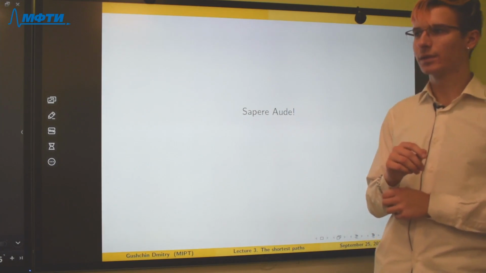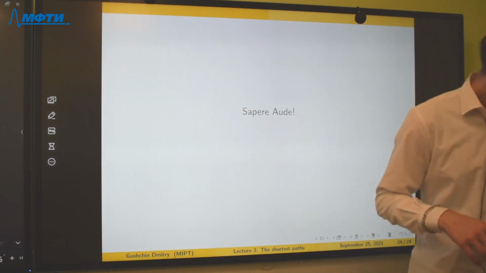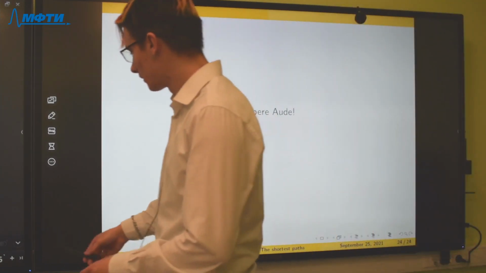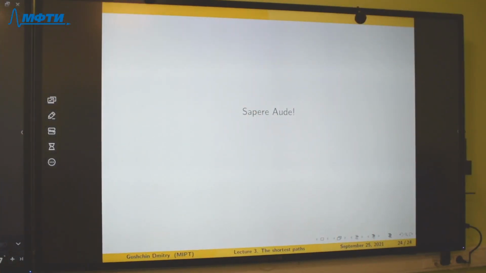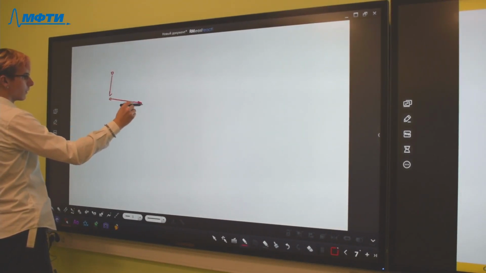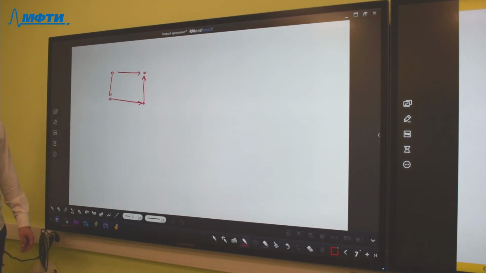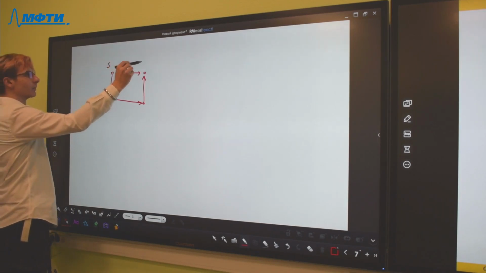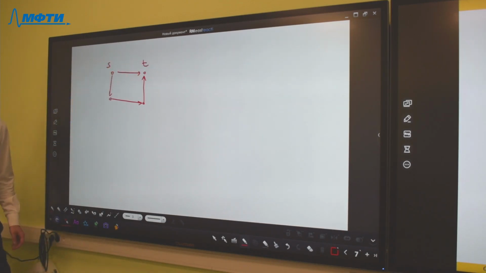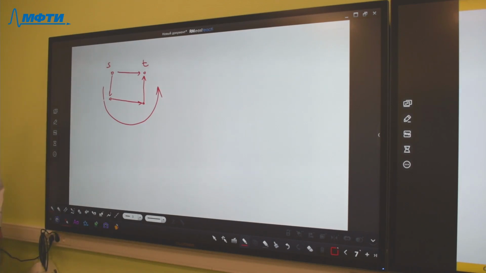Because it is a depth algorithm, I can give you an example. For this graph, you want to find the shortest path from source to sink, and DFS can find this way, but it can find the other way.